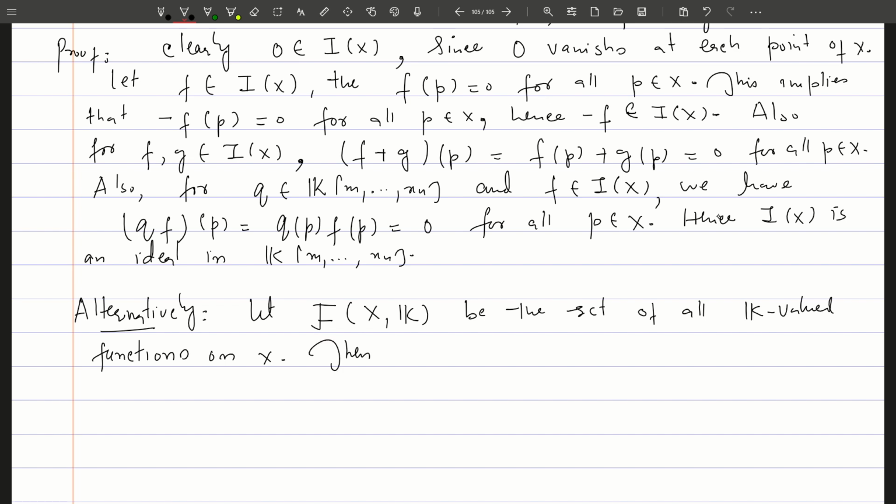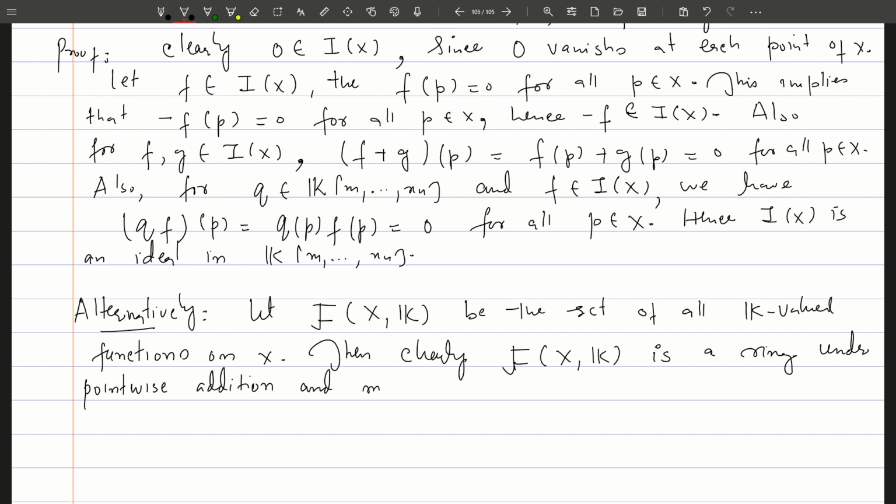So clearly this set F(X, k) is a ring under pointwise addition and pointwise multiplication. So one should verify this.